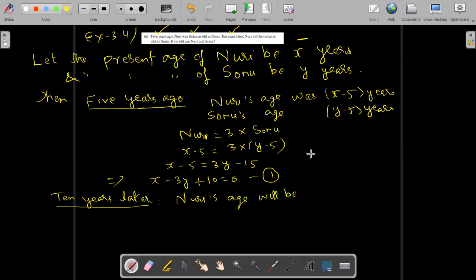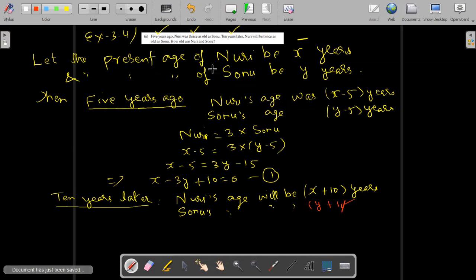From now, after 10 years, you have to add 10. If you ask your age after 10 years, you will add 10. Similarly here, Nuri's age will be x plus 10 and Sonu's age will be y plus 10 years.